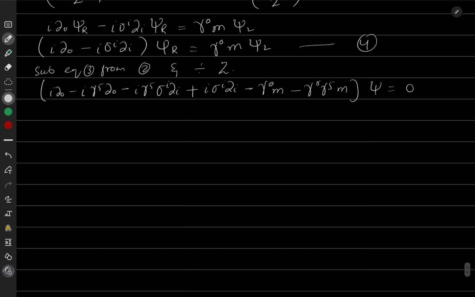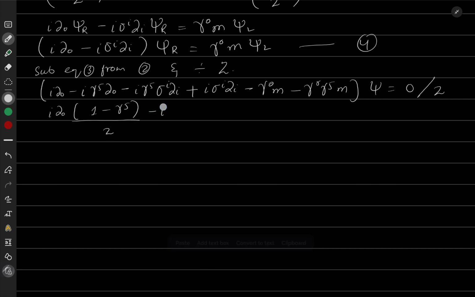Okay, now I'm going to take common iota and d0, and I will get 1 minus gamma 5. Oh yeah, I forgot to divide everything by 2, so I'm doing it here. So yeah, the whole equation is divided by 2. So this 2 will come here.